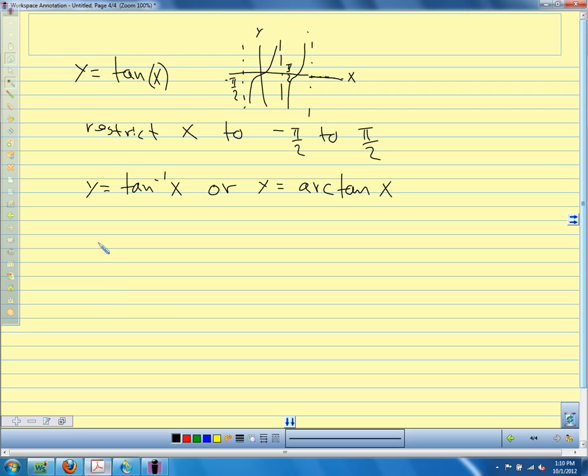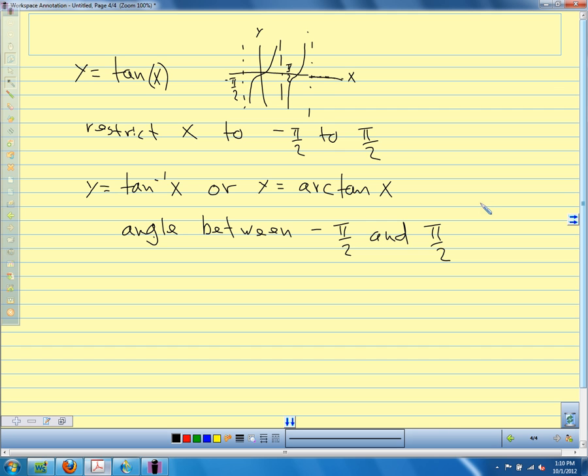And when we are looking at an arctangent or an inverse tangent function, what we're looking for is an angle between negative pi over 2 and pi over 2. Same idea as the inverse sine, the inverse cosine.